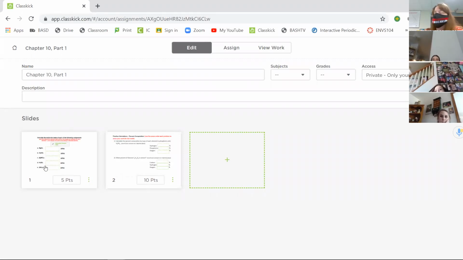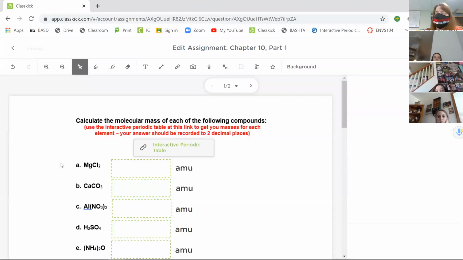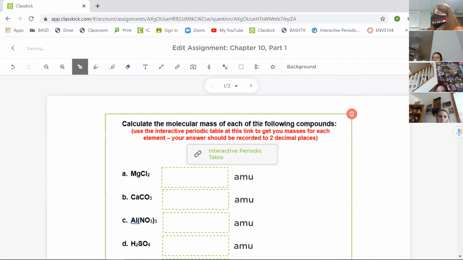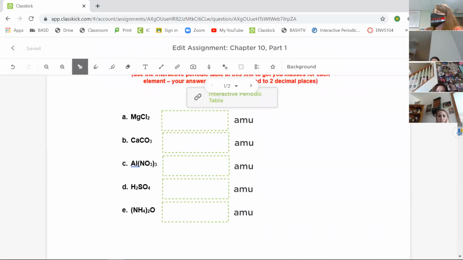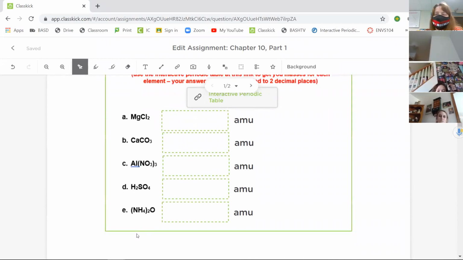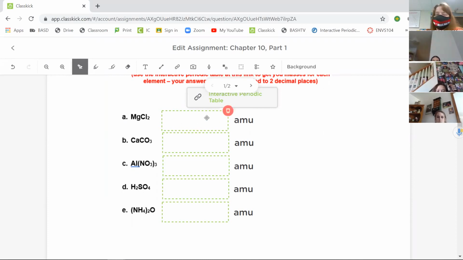It is a 2-page assignment, but we're only doing one of the pages now, and we'll work on the other one tomorrow. All it is I've given you 5 different chemical formulas. You need to get the masses of each individual part and figure out the total mass. Remember, your answer needs to be recorded to 2 decimal places.